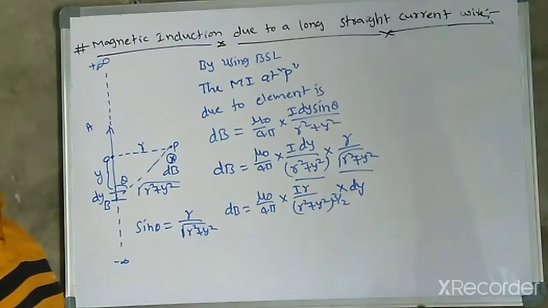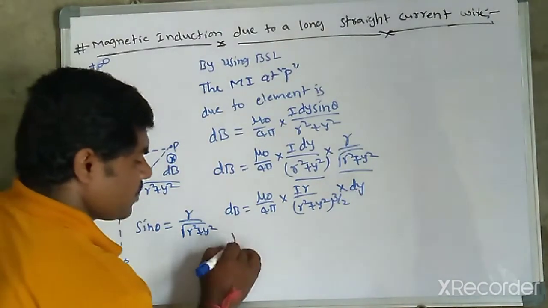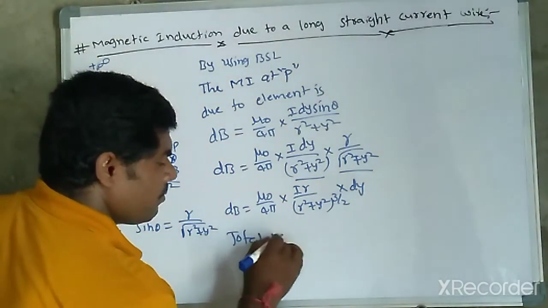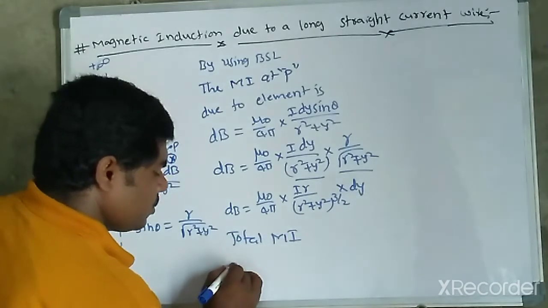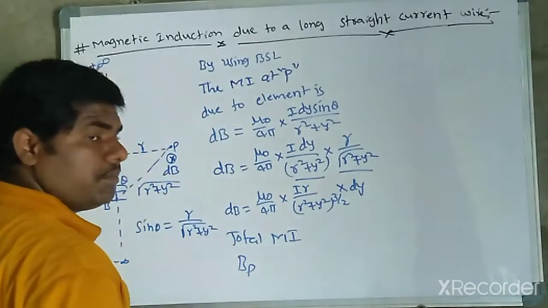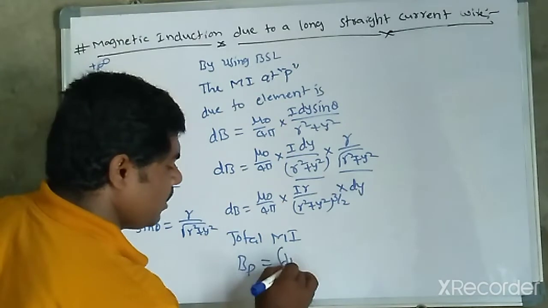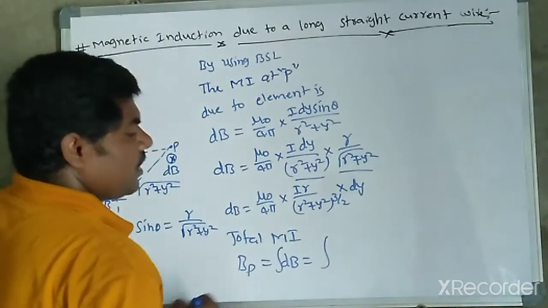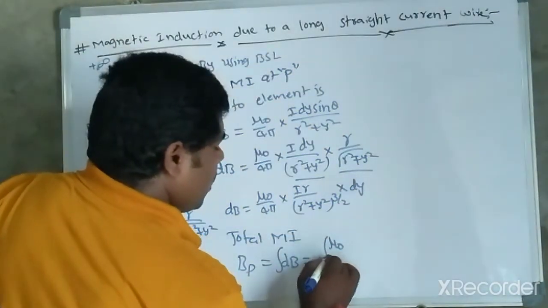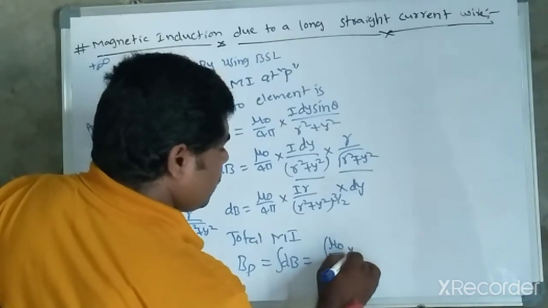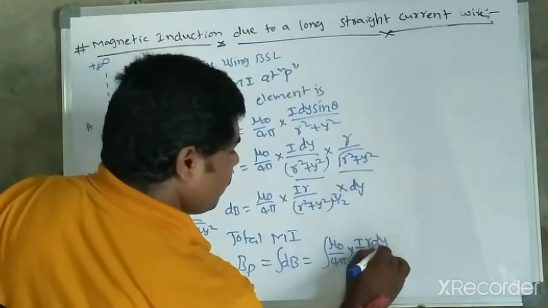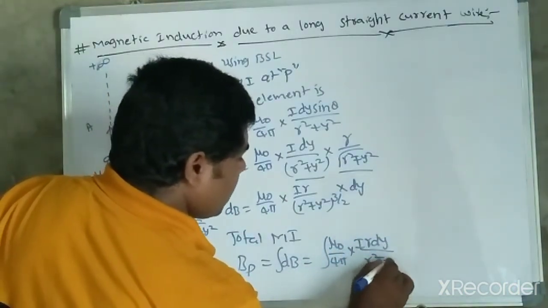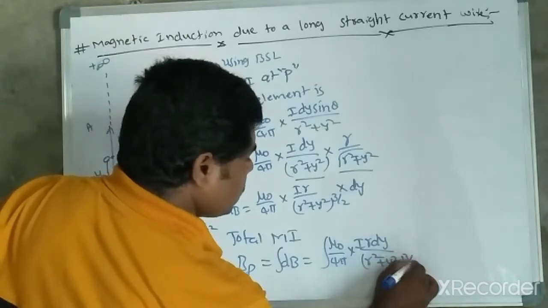So here the total magnetic induction at point P, BP, equals the integral of dB, equal to the integral of mu naught by 4 pi into I into R into dy divided by R squared plus Y squared whole power 3 by 2.